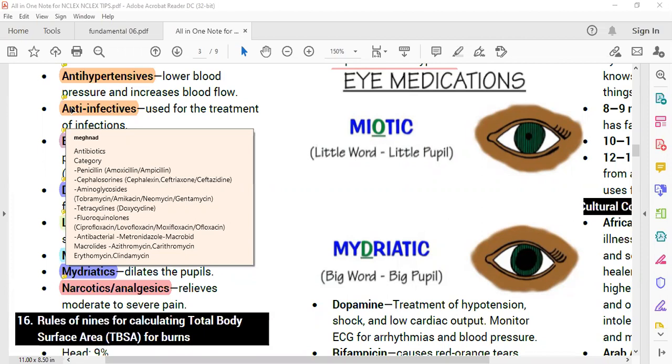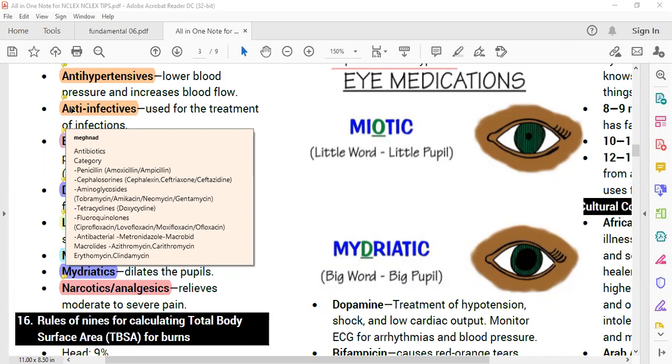Then tetracyclines. The drugs we use are tetracycline itself or doxycycline. Fluoroquinolones are also antibiotics. In this group are ciprofloxacin, moxifloxacin, levofloxacin, or ofloxacin, the most common.